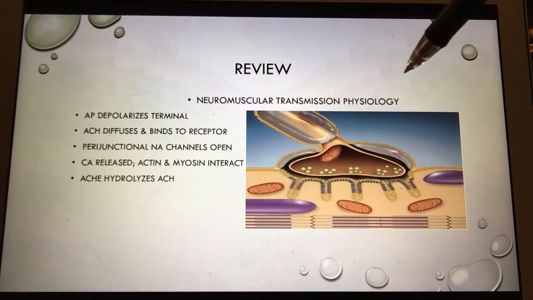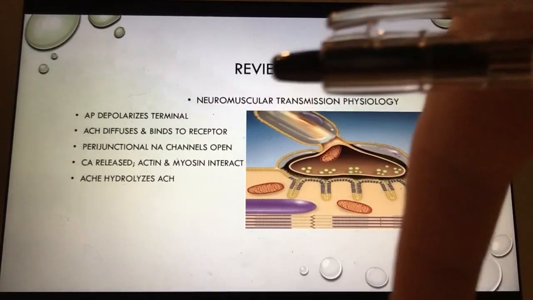Once the acetylcholine is unbound, it breaks down into acetate and choline, and the receptor ion channels close, and then the end plate repolarizes. So that's kind of the entire cycle for this transmission.